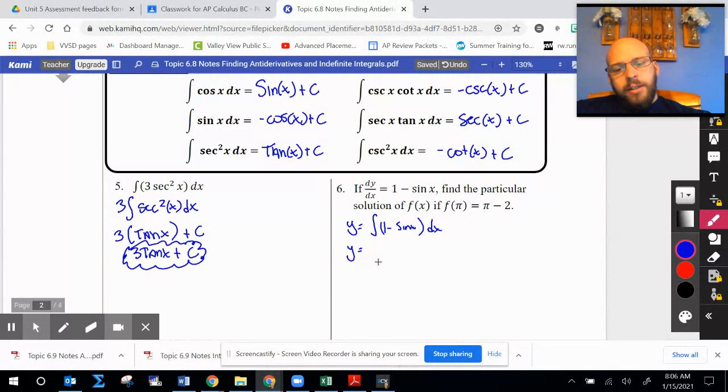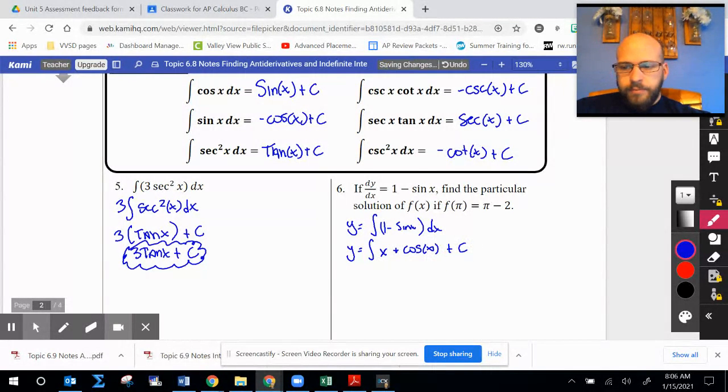So I know y is going to equal x. The antiderivative of a negative sine would be cosine. Oops. I didn't need the integral symbol there. But they gave me a starting place, right?